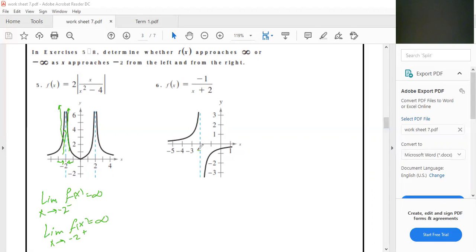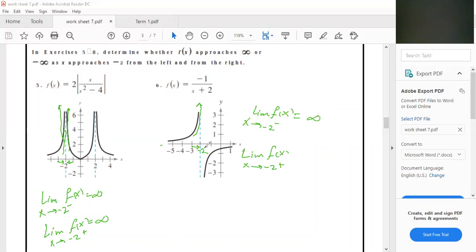For the other one here, at negative 2, I ask the limit of f of x when x approaches negative 2 from the left, and from the right. From the left, as you see here, go with the curve, very close to the left of negative 2, and it increases without bound, so it will be infinity.